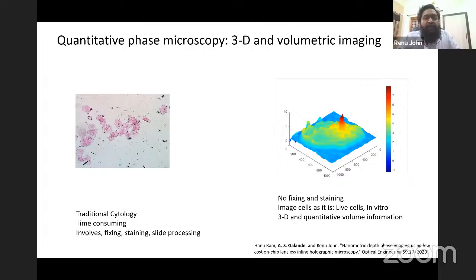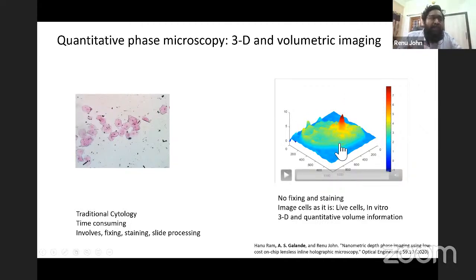So in any typical smear under a microscope, what you can see here is a lot of cells with single nuclei. But in the case of an anomalous or an abnormal case, you would see a lot of cells with multinucleus or a heavy content of nucleus. If you really see the phase image in a holographic microscope, you can see the prominent nucleus.